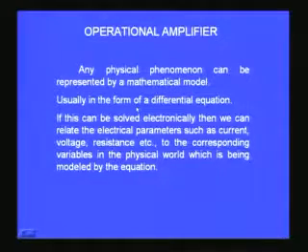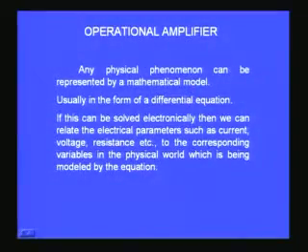How does an analog circuit work? I will briefly give you a simple introduction. Any physical phenomenon can be represented by a mathematical model. We all know that, usually in the form of a differential equation. If I want heat conduction in a metal, it can be very easily written in the form of a differential equation, where you can introduce some boundary conditions with reference to the source and the boundaries of the metal and things like that, and you can solve and get complete information about the distribution of heat and the temperature.